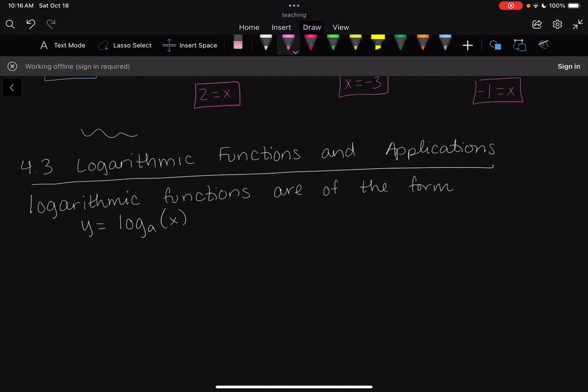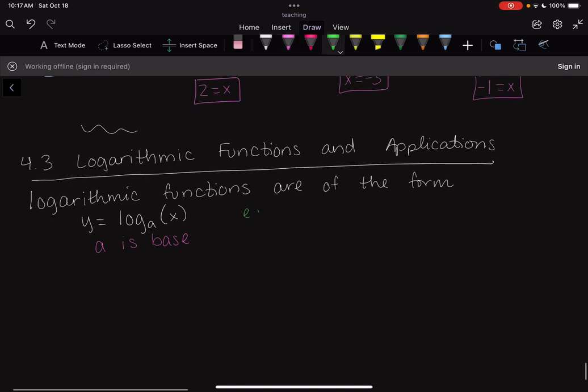Now in this case, A is the base, just like it was with exponential functions. We called A the base. We're still calling A the base here.